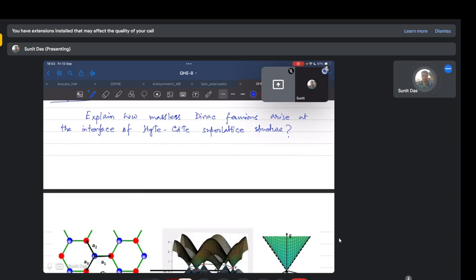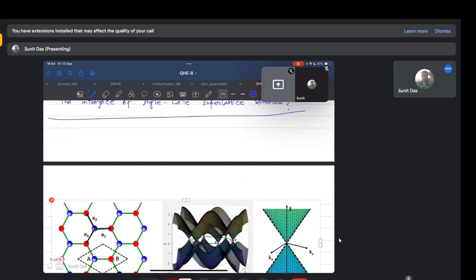The next question was, while calculating Kramers degeneracy, how does i sigma y acting on u of k sigma give u of minus k, sigma bar?